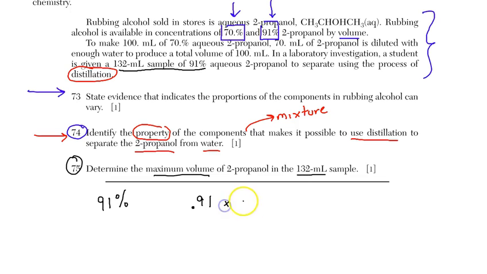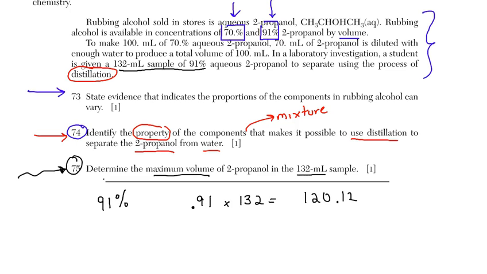91 times 132. And when you do that in your calculator, you get about 120.12. And we can round that to 3 numbers. They're not looking for sig figs, so they took any number around 120. A lot of people, when they took this test, got this wrong. But remember what I keep saying, there's an easy answer for every question.